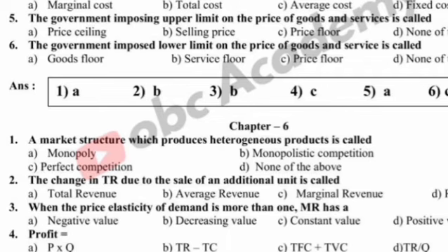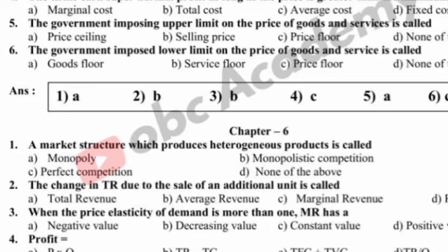So heterogeneous products are produced by monopolistic competition, where there is differentiation. If I am producing a pen, then the shape, size and cost of the pen will be different in monopolistic competition, everything will be different.